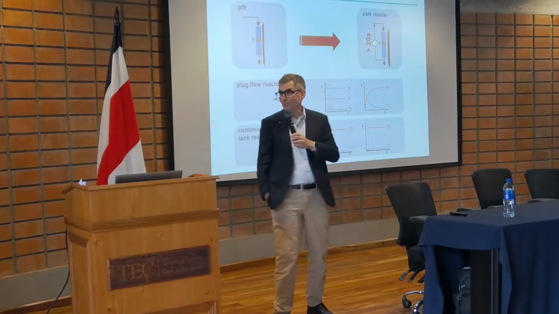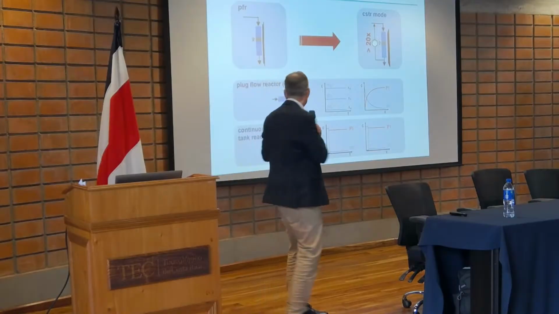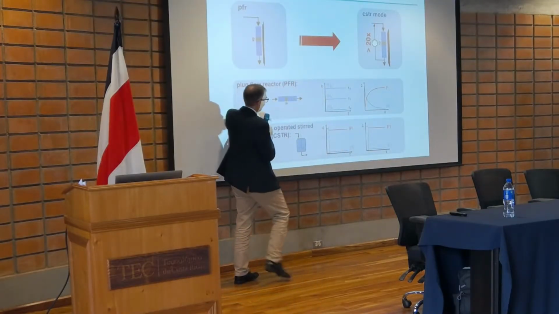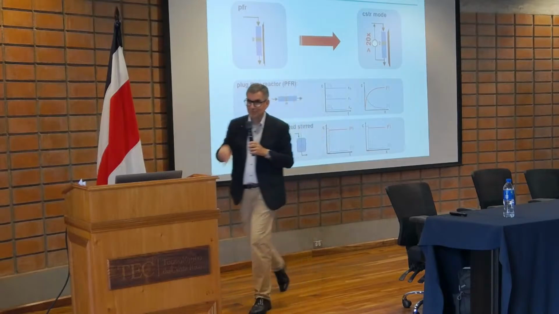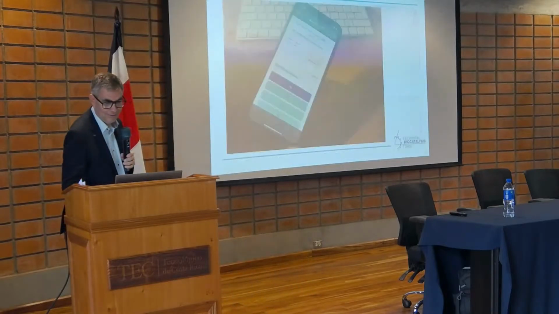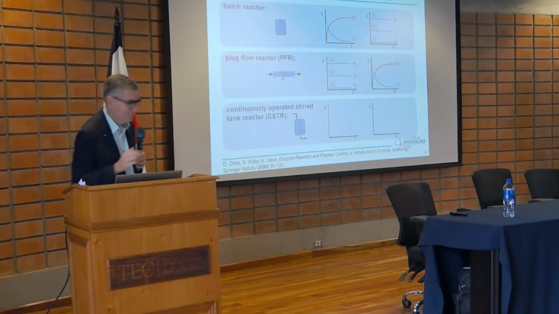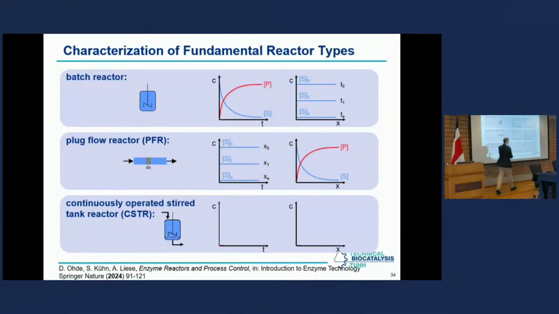So in Michaelis-Menten, the x-axis is the substrate concentration, the starting material concentration, and you have here the rate. In Michaelis-Menten, you have this hyperbolic plot.